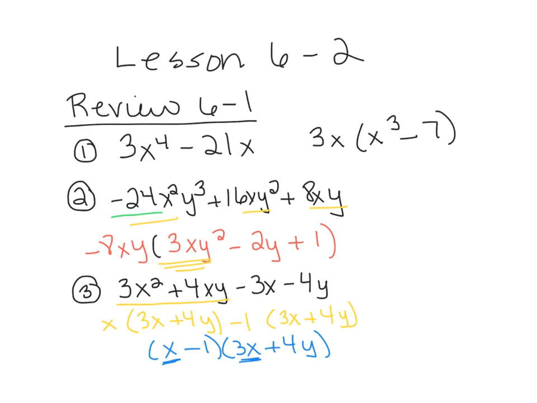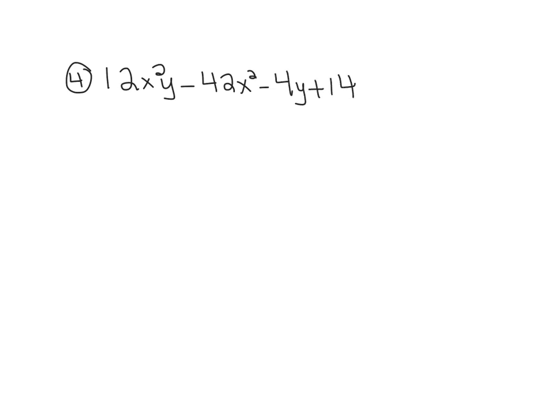All right, let's try one more in this section, because I also noticed this on the last assignment I had you do. If we have 12x squared y minus 42x squared minus 4y plus 14, here's what some of you forgot: the greatest common factor first.